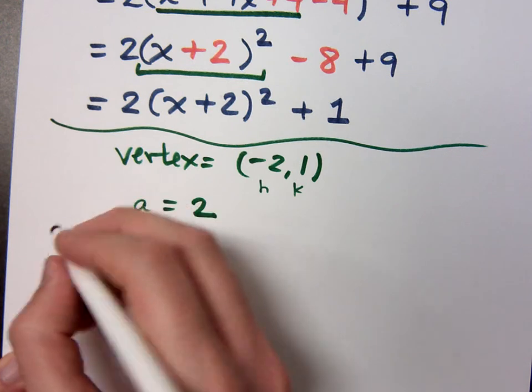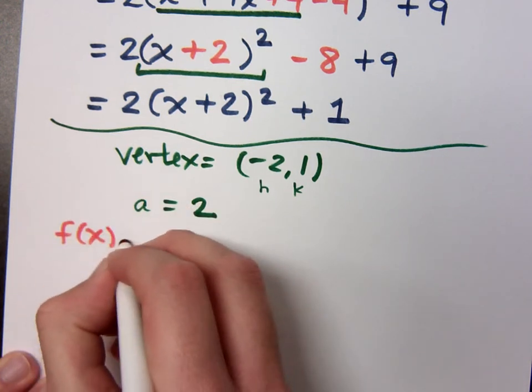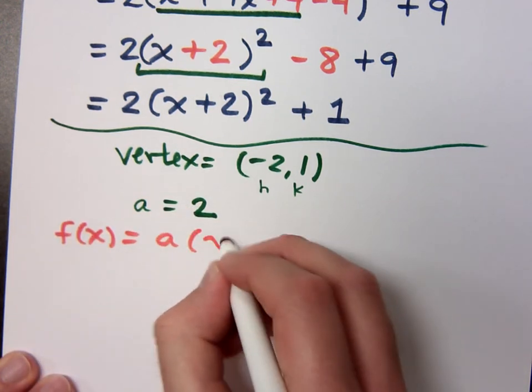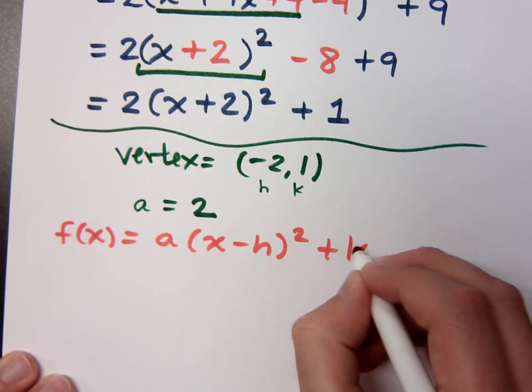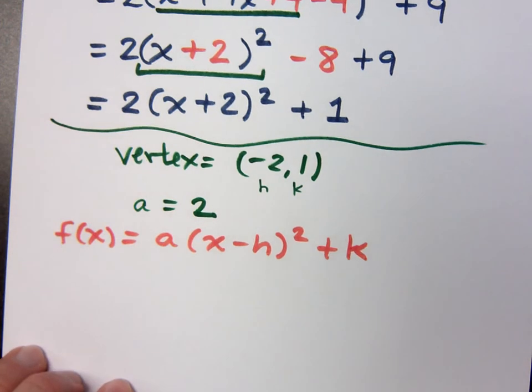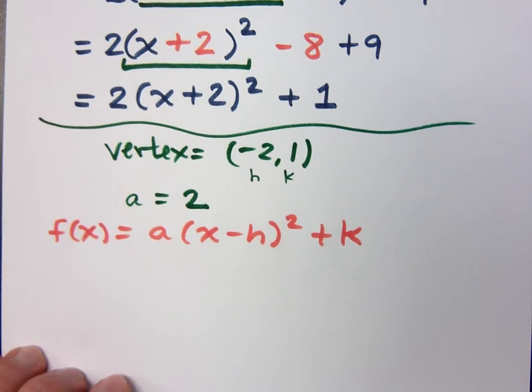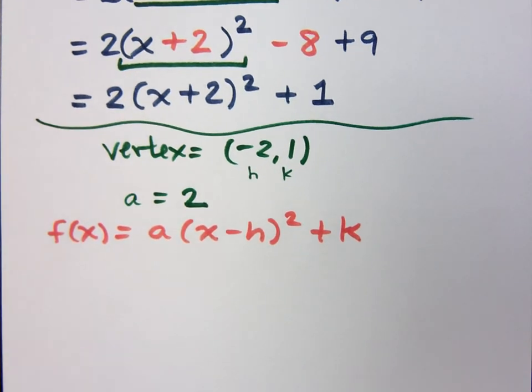The form that I gave you was written like this: a times x minus h squared plus k. A lot of people freak out when they see this, but you have to remember, if you have numbers here, you guys are good to go. I'm just not putting the numbers there until now.